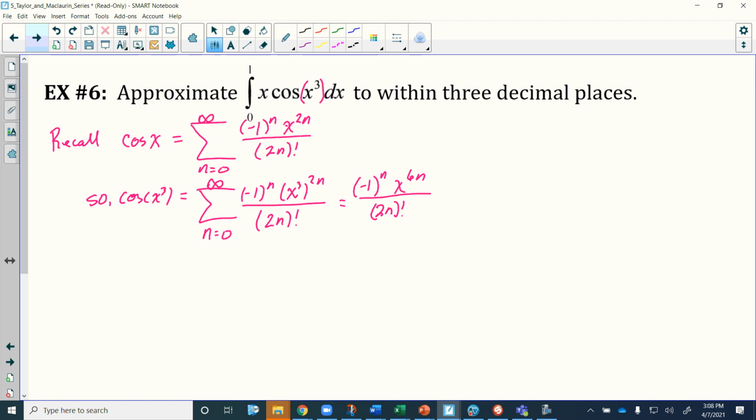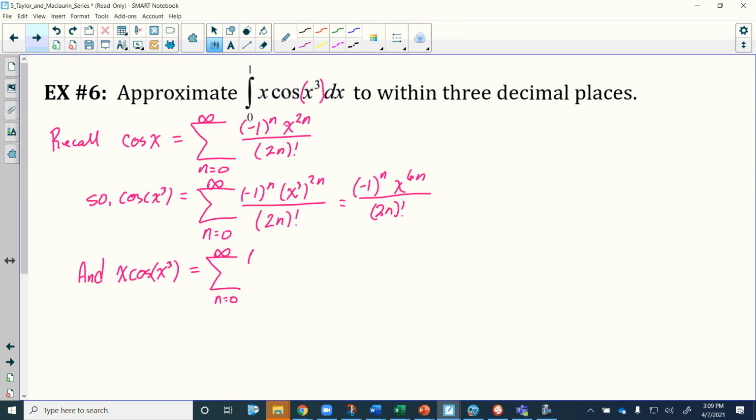Okay, so now I can bring in the x that we haven't done anything with. So that means if I bring in the x times the cosine of x cubed, here we're just kind of incorporating a constant of x. We're saying x multiplied by that. So I'm going to wind up with my series n equals 0 to infinity.